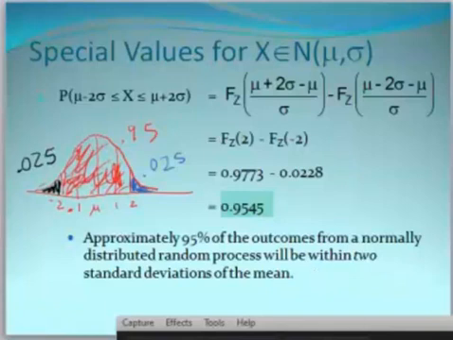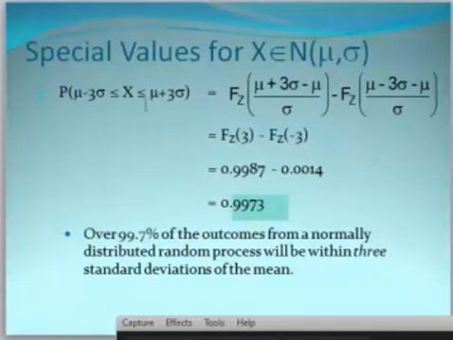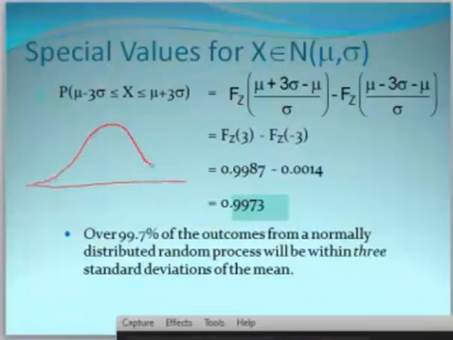These are just special values. And then likewise, if you look again at 3 standard deviations, it's the same idea. Here's our little curve, except now we're 3 standard deviations, so it's going to be a teeny tiny area out here that's left out, crippled. It couldn't join the rest of the crew.